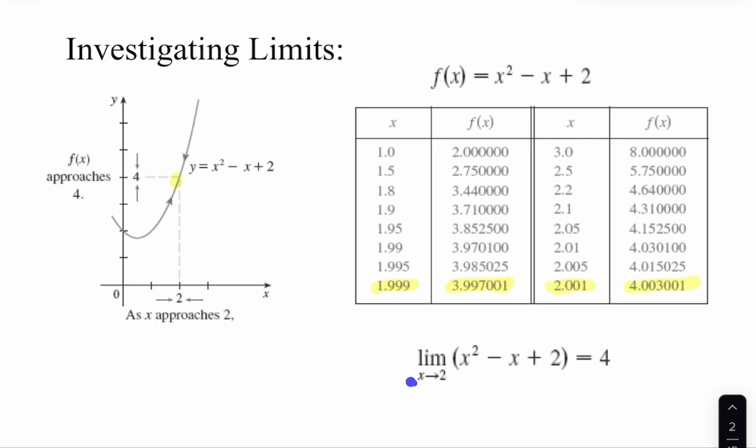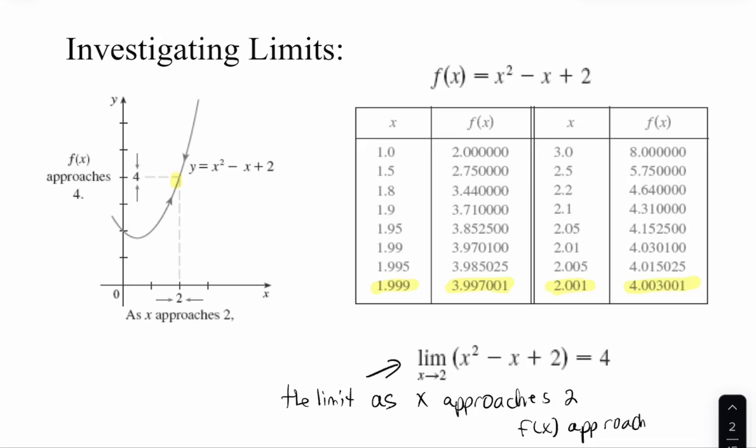So what this notation means is, as we approach 2, you would read that as the limit as x approaches 2 of the function value approaches 4.